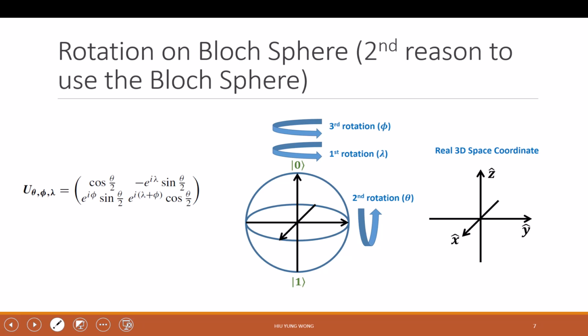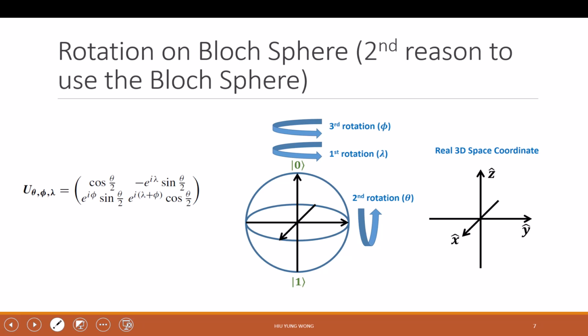Okay, so now we talk about rotation, but we won't go deep here. I want to mention one important thing, which is how to construct the gate. Now we know that we have real 3D space, and this is where we embed our Bloch sphere. So now we can really talk about the rotation of the state in 3D.